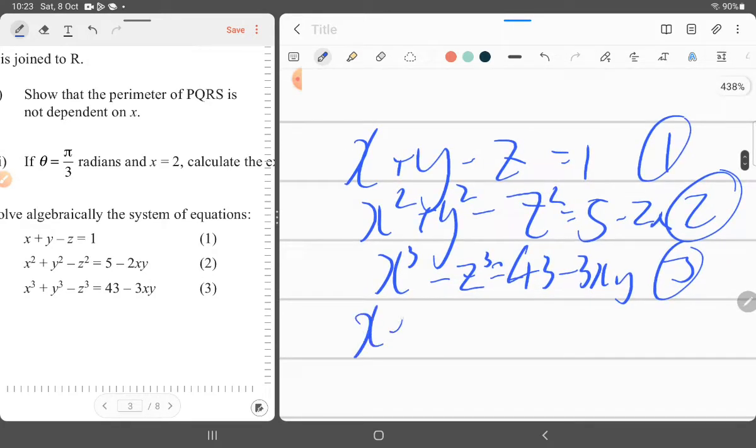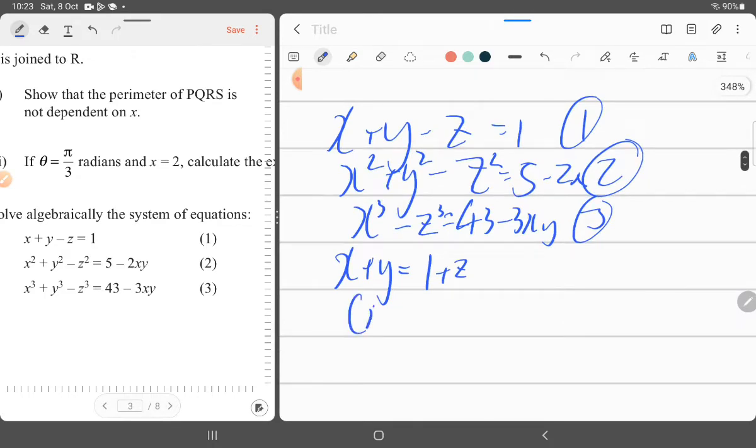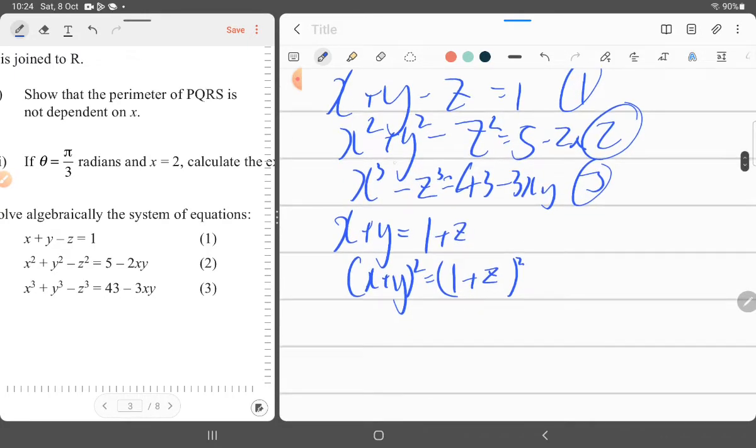We can rearrange equation 1 to x plus y equals 1 plus z. We can square both sides, so x plus y all squared is equal to 1 plus z all squared. x squared plus y squared, yeah, we can, wait, there's 2xy here.